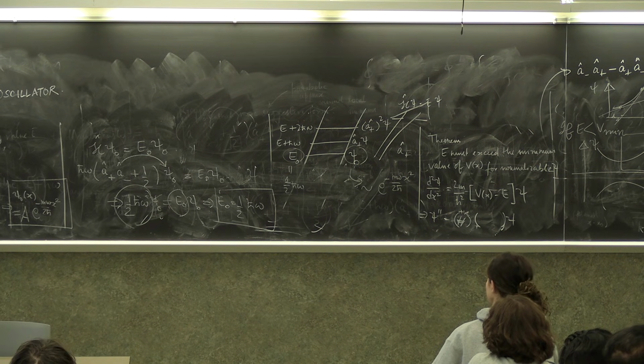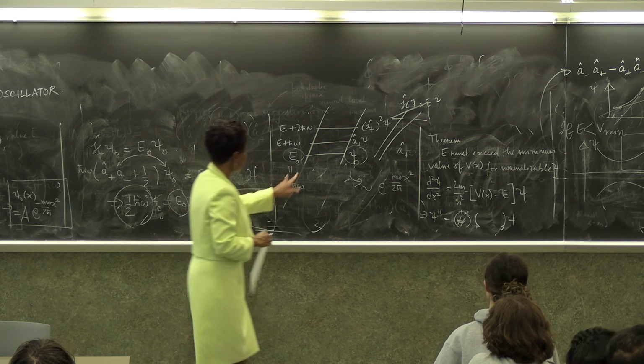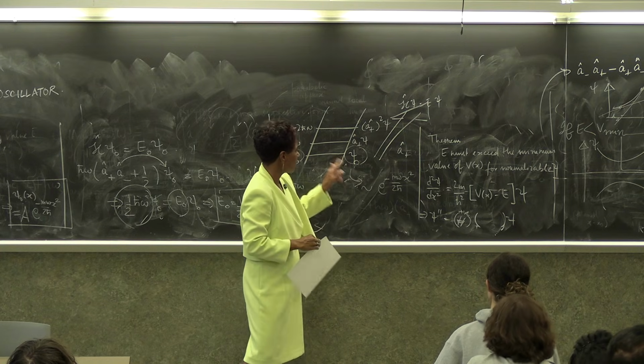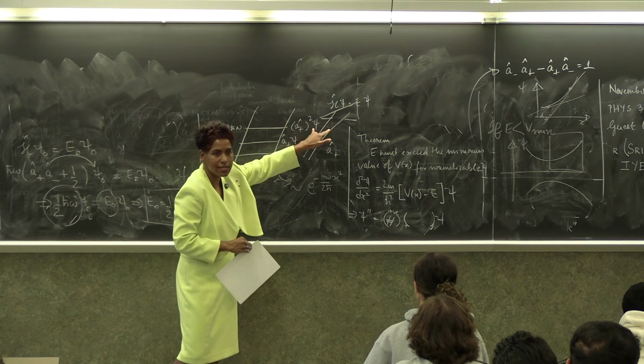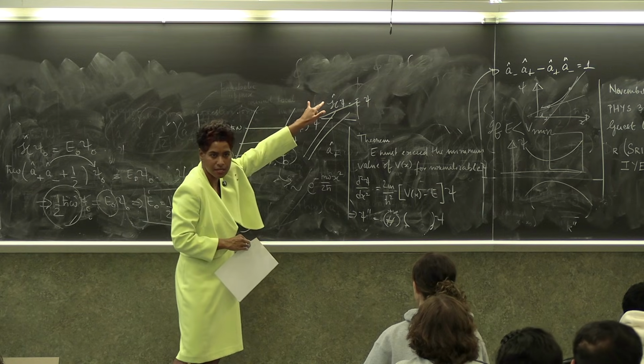For completion, let me write down what happens when you take the pair psi naught and E naught and successively construct the first excited state and the next excited state and the next excited state and so on using the raising operator.